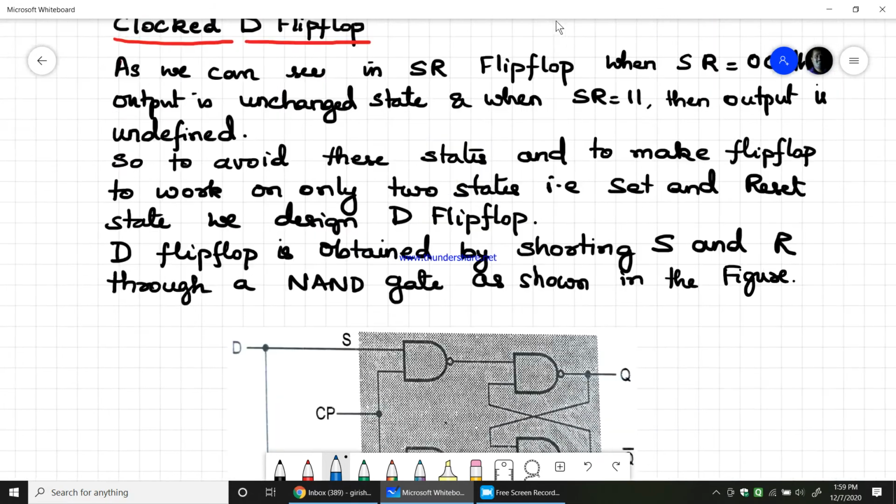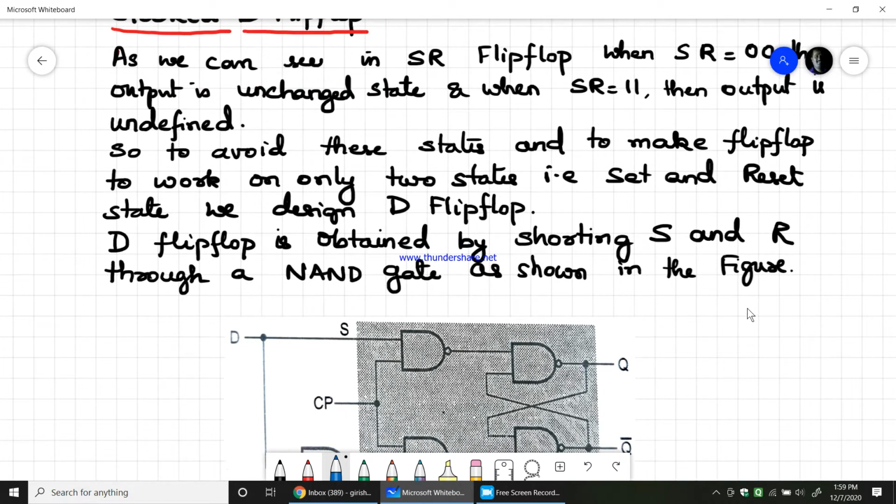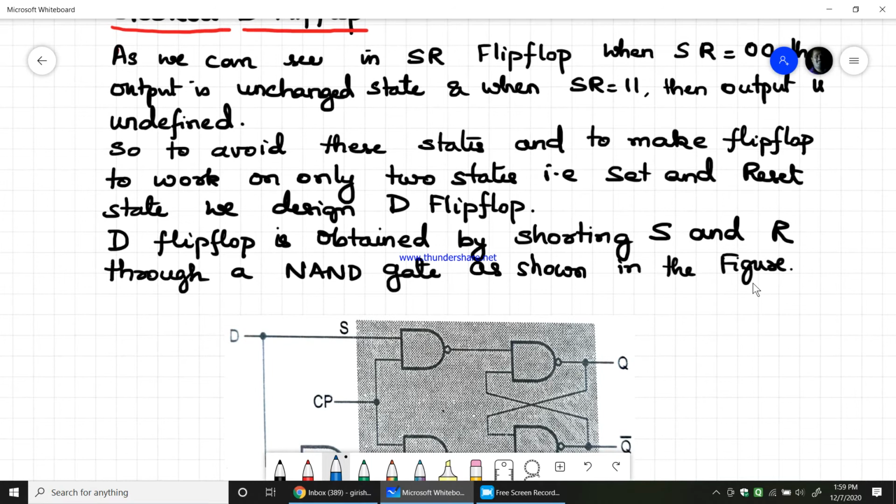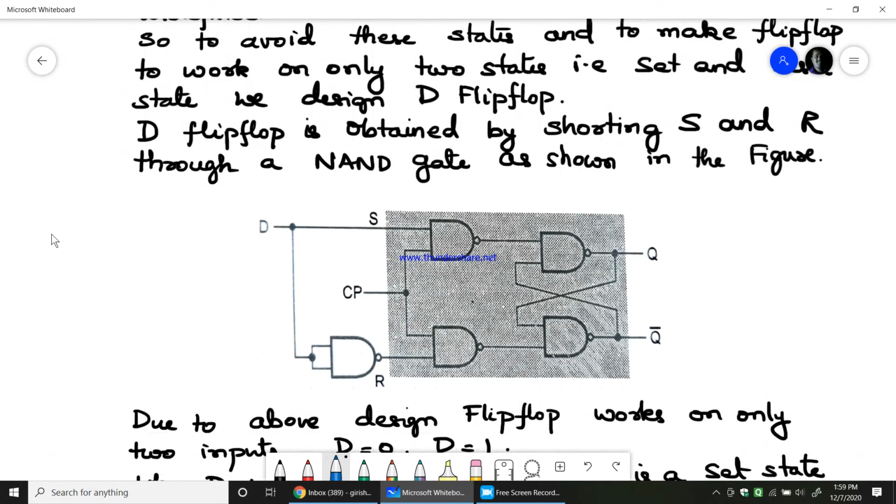So let me go to the diagram. Now why are we using a D flip-flop? In the SR flip-flop we had two unwanted conditions. I need set or reset, but here we have no change when SR is 0, 0, and 1, 1 which is an undefined state.